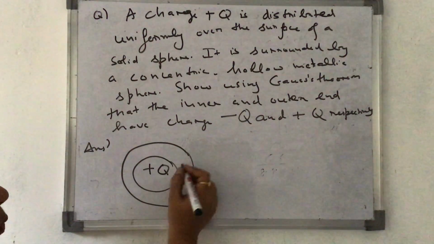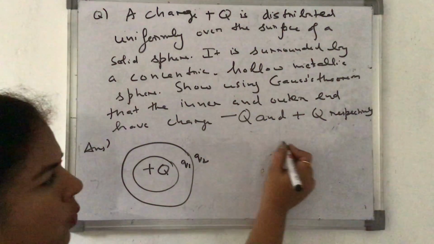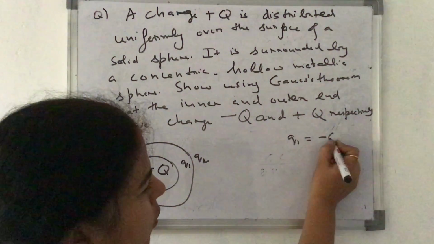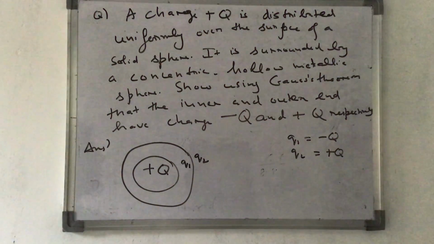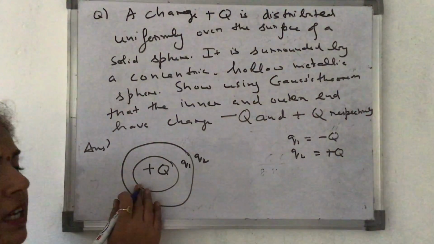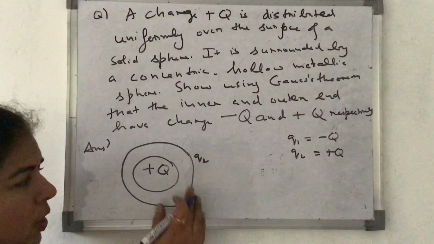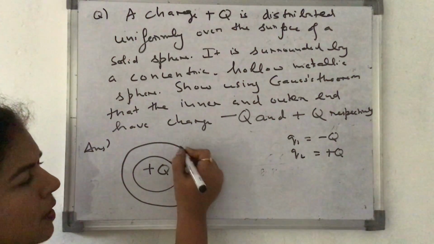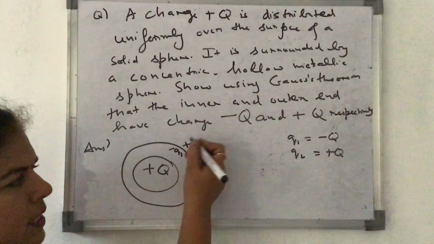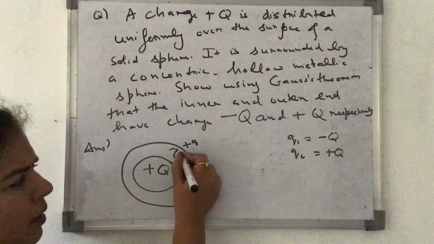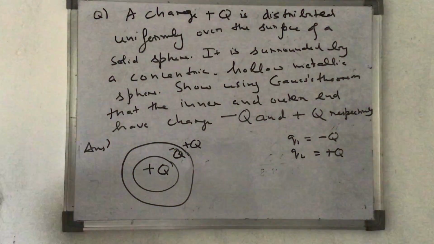We have to prove that the charge on the inner side is Q1 and the charge on the outer side is Q2, and Q1 is equal to minus Q and Q2 is equal to plus Q. You'll say, but this thing we know by logic only, that in case this charge is plus Q over here, then due to induction of charges, this side will become minus Q and an equal and opposite charge will come on the other side, plus Q. This is logic, yeah, I know. But you have to prove it using Gauss theorem.